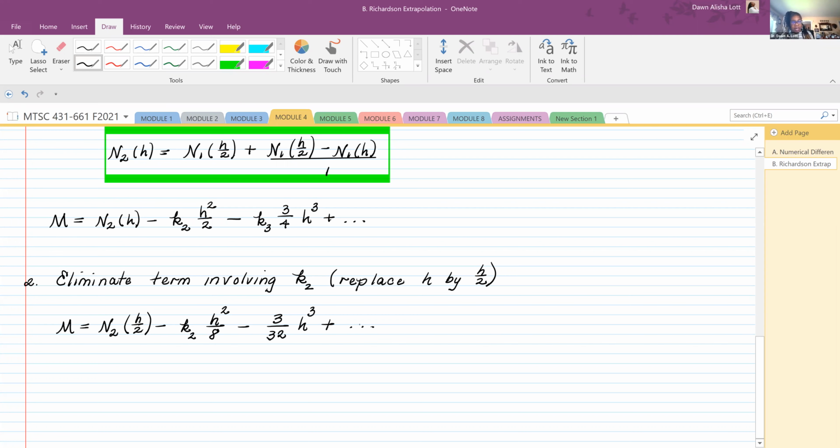Okay, so this time I'm going to multiply by 4, so I can eliminate the stuff in the first term. So I get 3M is equal to 4M minus M. That is so I can get rid of this 4 in this top term.